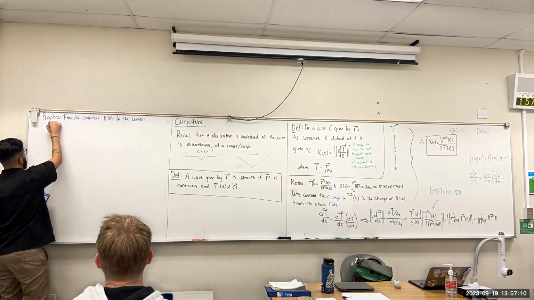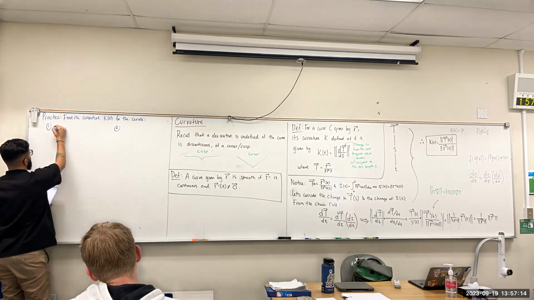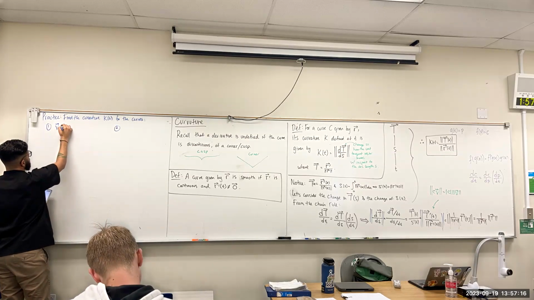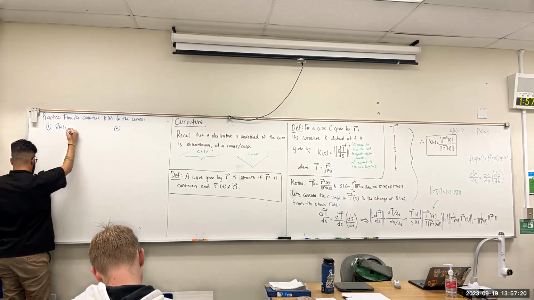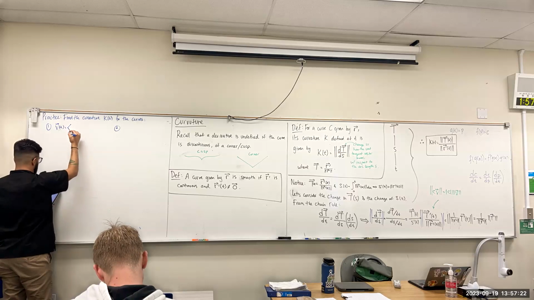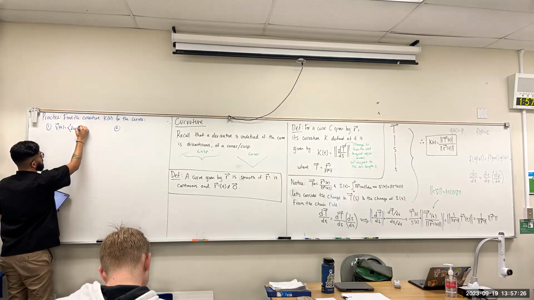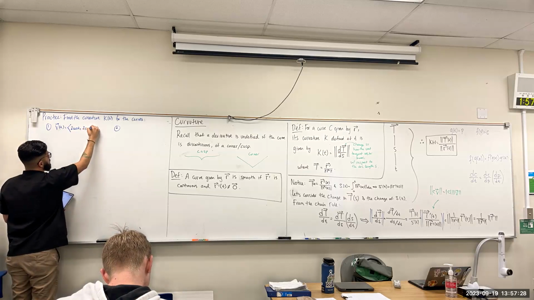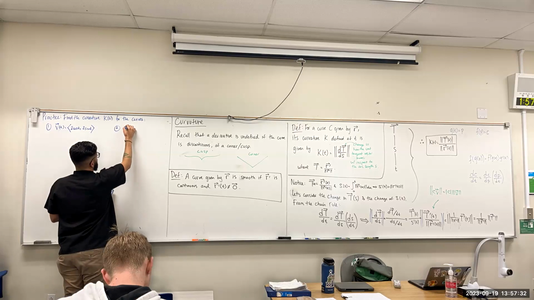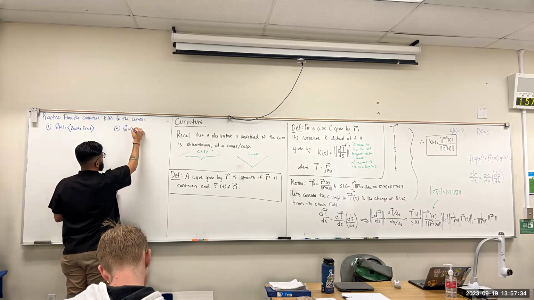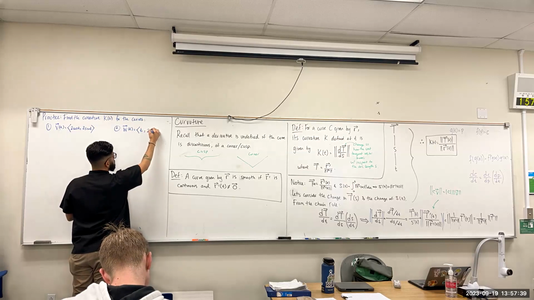And then there's b of t, I'm gonna make it a two-dimensional curve: 2 cosine t, 2 sine t. And then this other one is t, 2t plus 2.